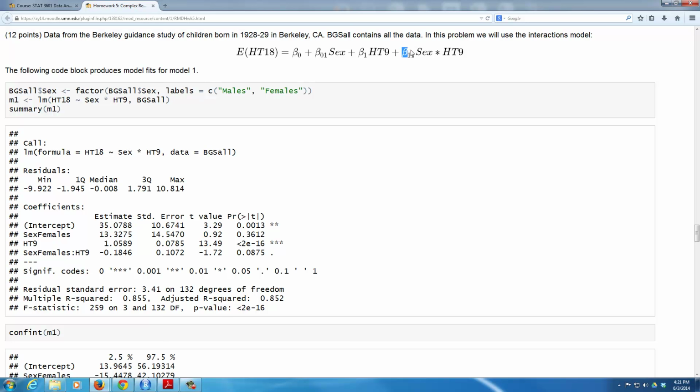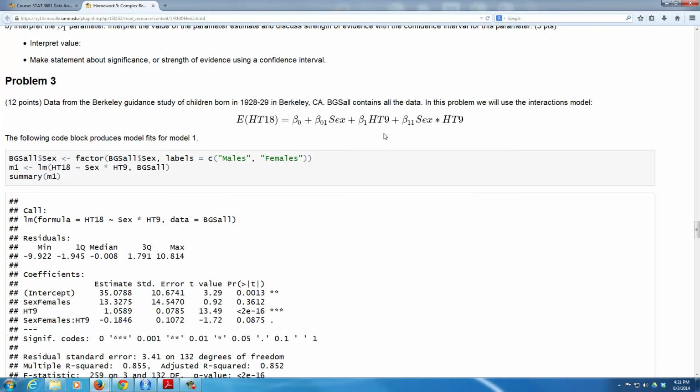The beta 11 parameter controls the difference in slope for the two sexes. The beta 1 parameter is going to be the slope for the height by height relationship when sex is equal to 0, and I believe sex equal to 0 here is going to be for the males. So this is the slope coefficient for males.